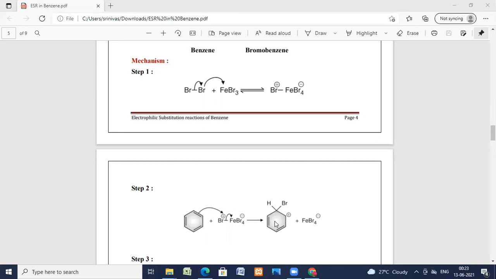It's completely moving in the ring. Thereby from ortho, para and ortho, the positive charge is shifted. Okay, so this is the way the carbocation gets stabilized by the resonance structures.